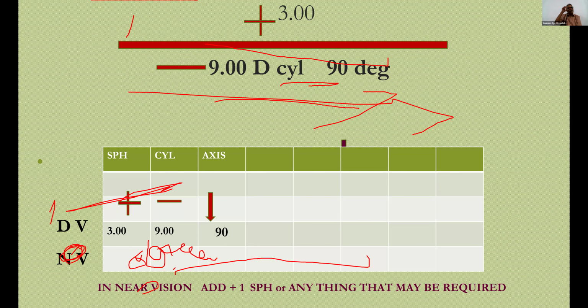You tell the examiner, sir, your head looks smaller, sir, it's a minus lens. Just for fun I'm telling you, but this is the way you can find out.